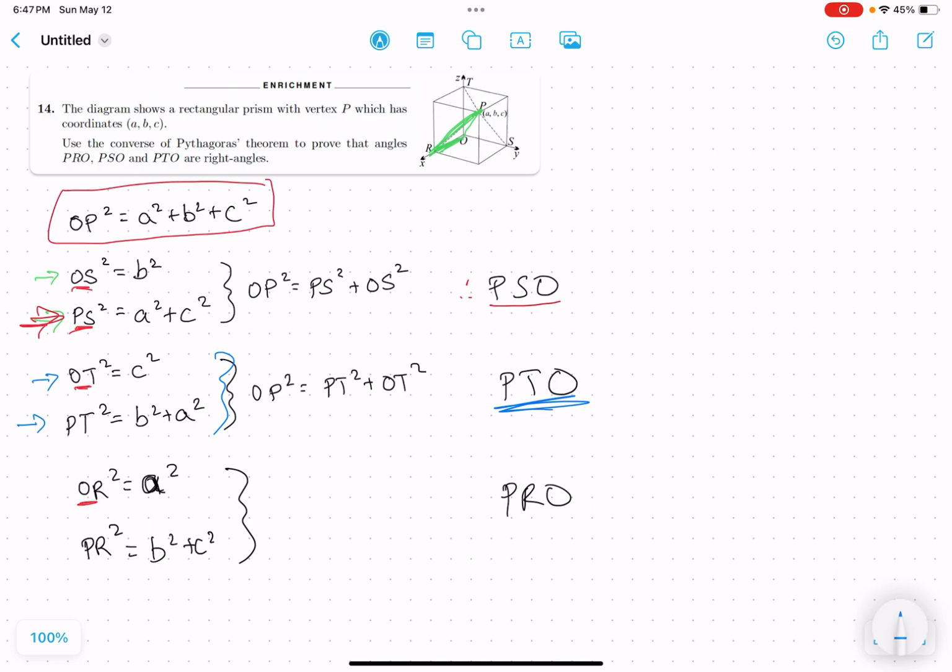If I wanted PR squared, I would take this, which is across in the y direction, so b squared, and I'd add this, which is c squared. So b squared plus c squared is our PR squared. And again, if we add those two together, OP squared equals PR squared plus OR squared. So therefore, we've got a right angle in that triangle as well.